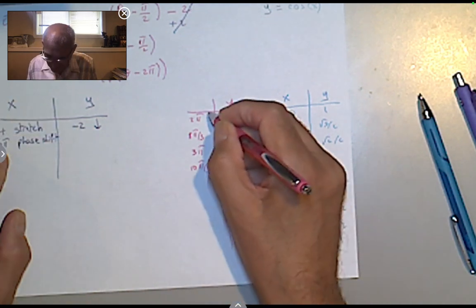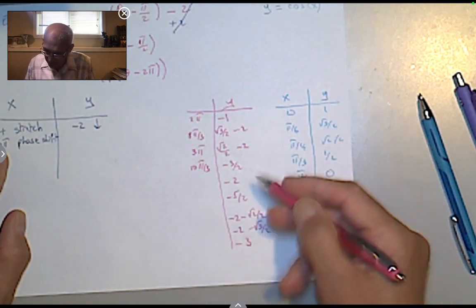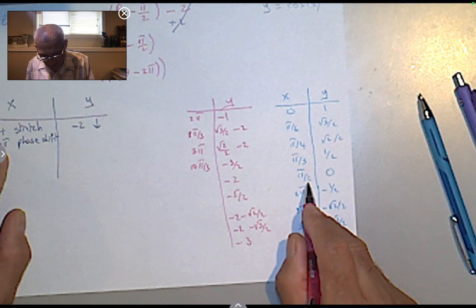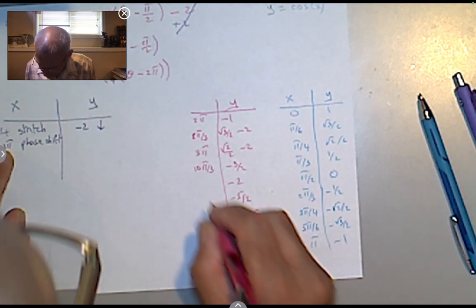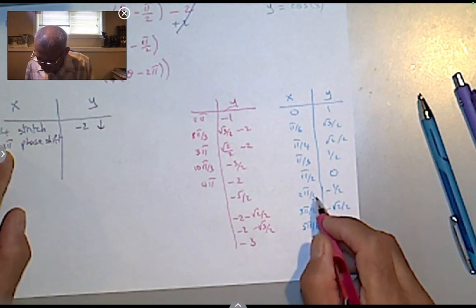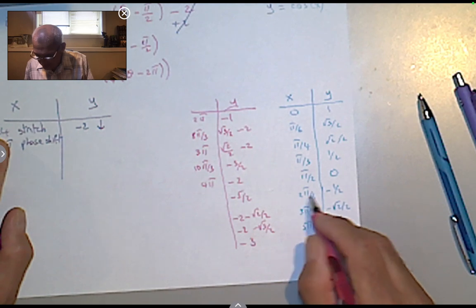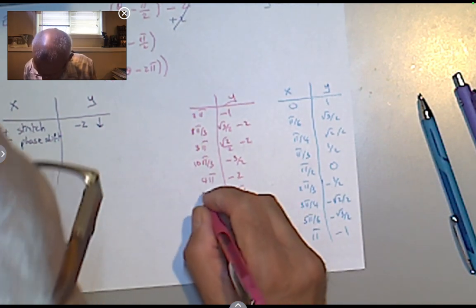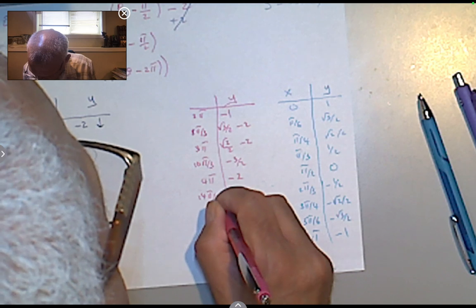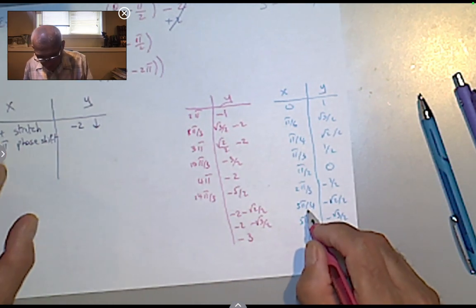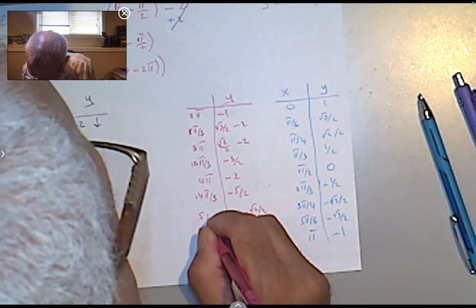Notice they increase by, well, depends because I don't use the same thing. 2 pi plus 2 pi is 4 pi. 8 pi over 3 plus 6 pi over 3 is 14 pi over 3. 3 pi plus 2 pi is 5 pi.